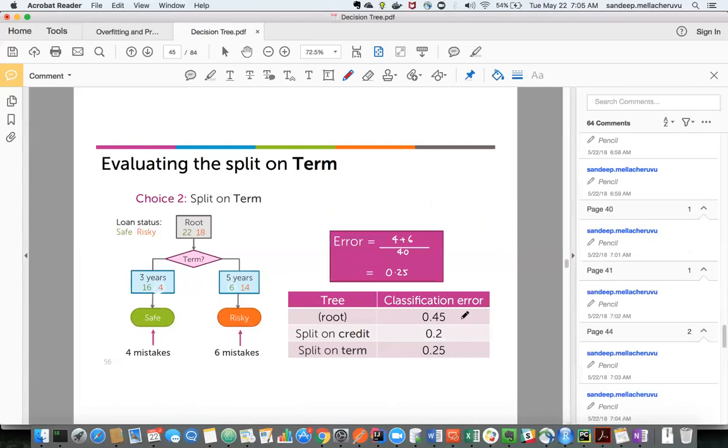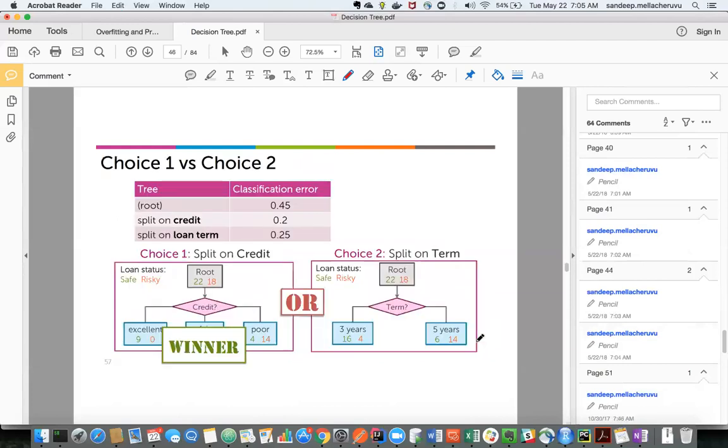Now which one to split? It is very easy. Whichever split has the least classification error, take that one. Here I have the least classification error on credit, so I split on credit. So I have the best feature now. From the root node, start with credit, which has the best classification error. We have 2 choices.